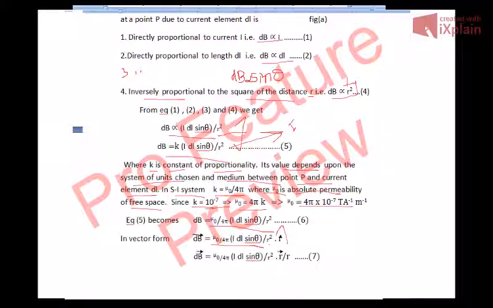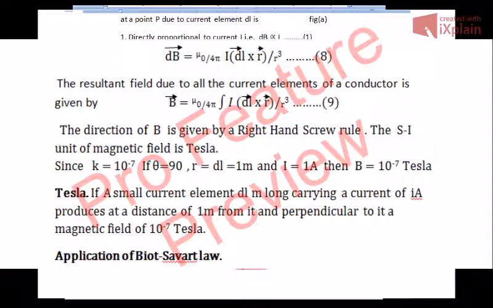We have to insert the unit vector r with it. We know the relation between a vector, its magnitude and unit vector: this unit vector r will be equal to vector r divided by r. So this implies dB will be equal to mu naught upon 4 pi I dl cross r by r cube.